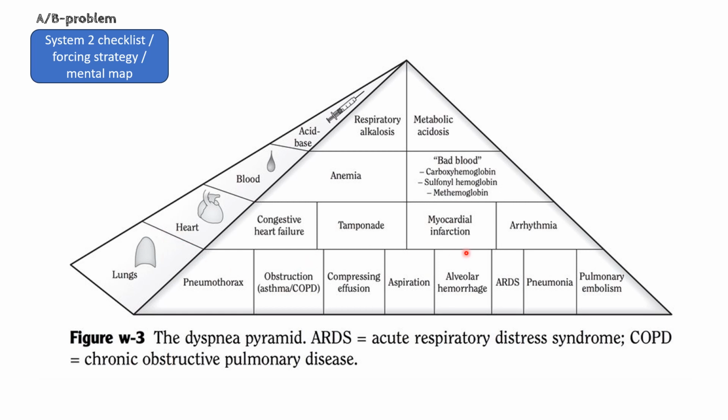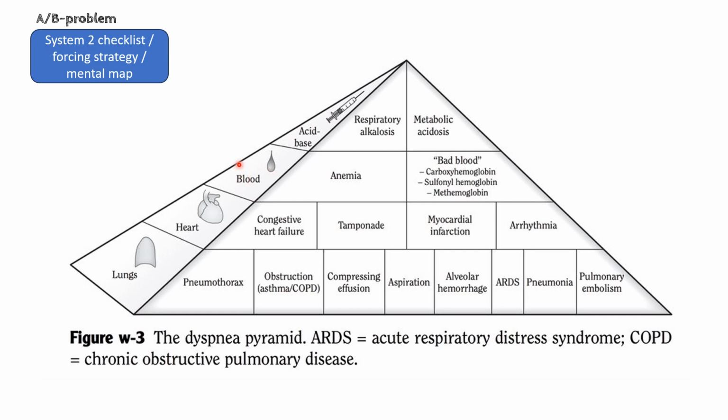At the bottom is what's most common, and then it goes up to the point of the pyramid with something that is least common. I think it helps mostly because you think of lungs, yes, you think of heart, but sometimes when someone is dyspneic, it's actually because they're anemic. They may not be dyspneic in the sense that we think, but they may be tachypneic, like they're breathing very frequently.